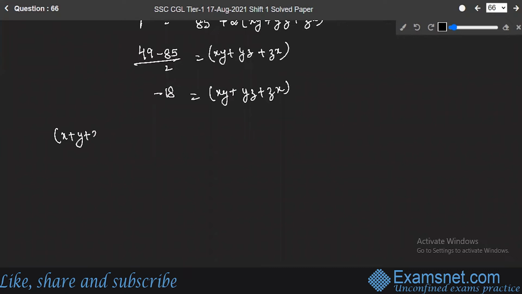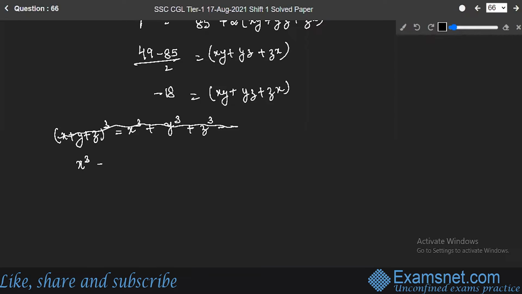(x + y + z)³ is equal to x³ + y³ + z³ minus... We'll be using another one over here.